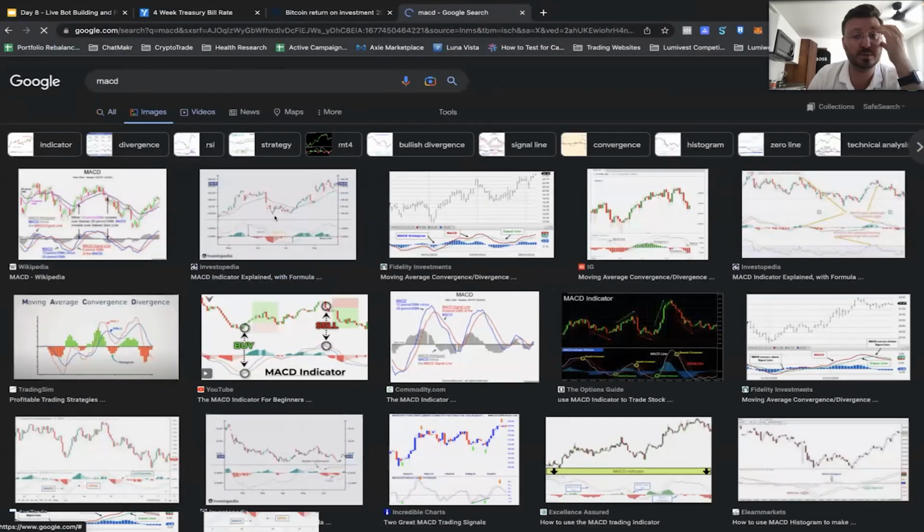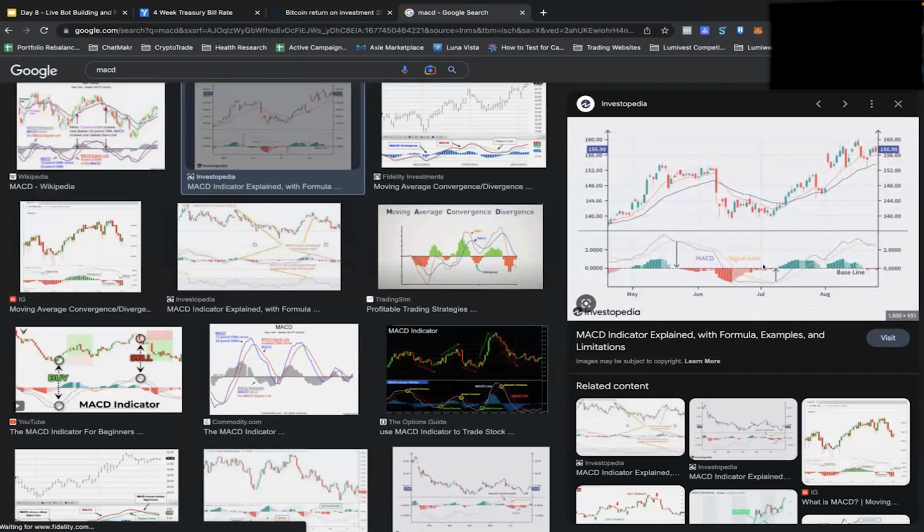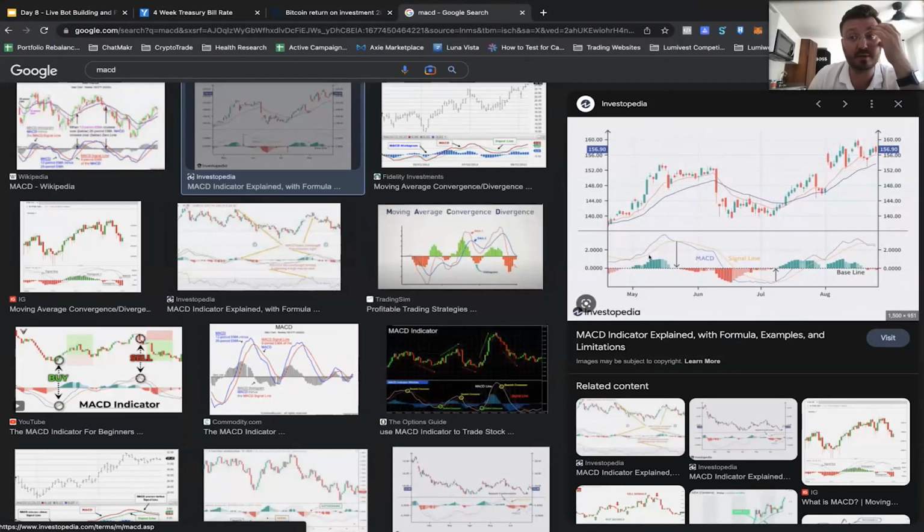Yeah, so is this what you mean? Yes. So this is just when MACD is positive or negative. MACD is moving average convergence divergence, which basically means take two EMAs and subtract them from each other. When the short is above, it'll be above 0 and green. When the short is below, it'll be below 0 and red.